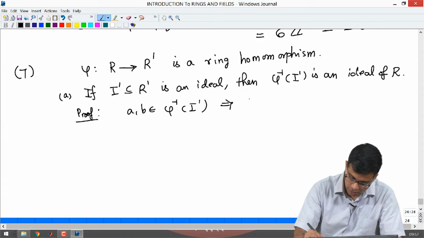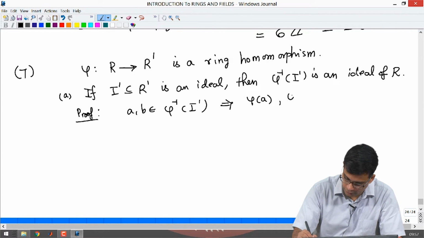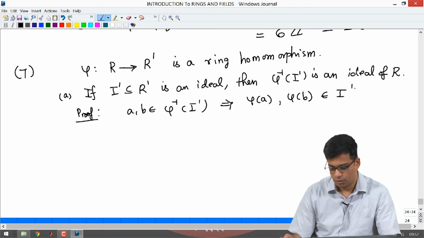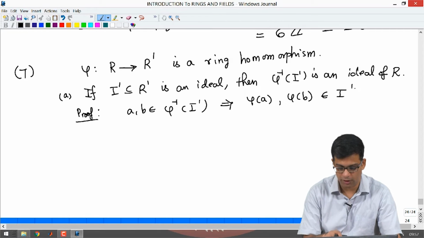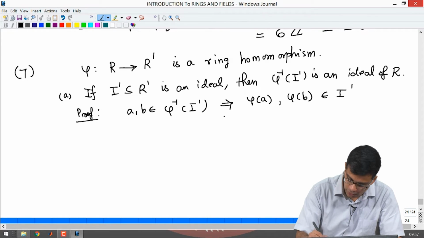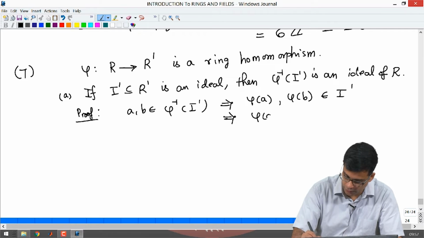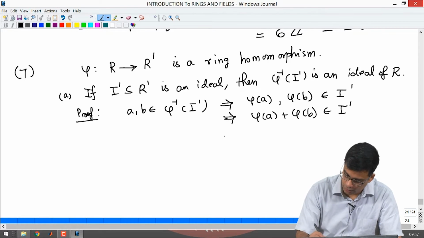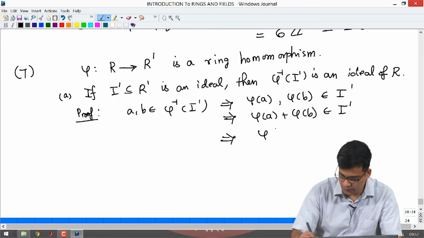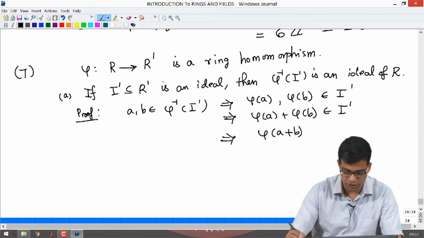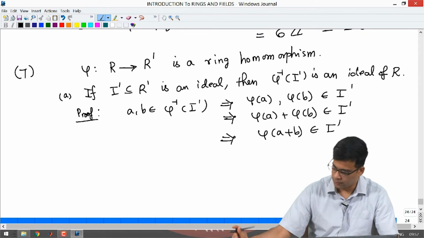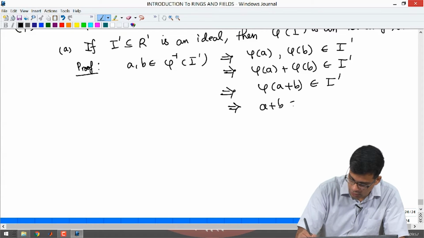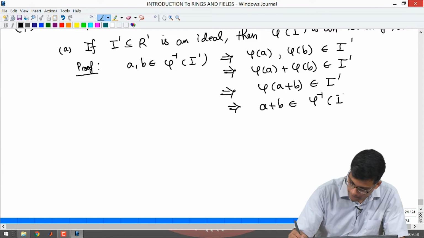That means phi A and phi B are in I prime, by definition, because being in the inverse image means their images are in I prime. But I prime is an ideal, so phi A plus phi B is in I prime. But phi A plus phi B is phi of A plus B by the definition of a ring homomorphism. So phi of A plus B is in I prime, which means A plus B is in phi inverse of I prime.